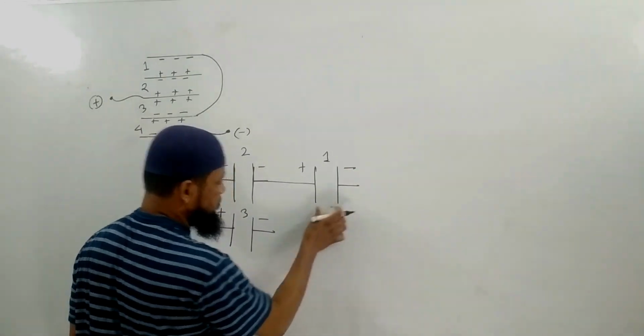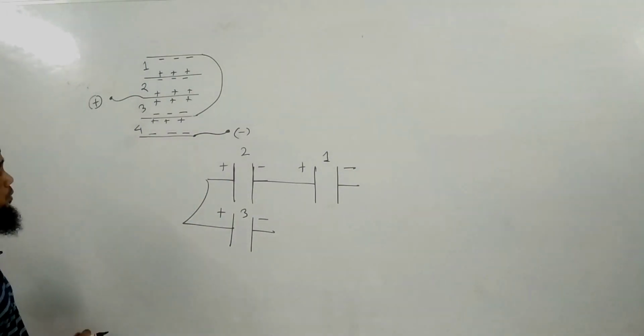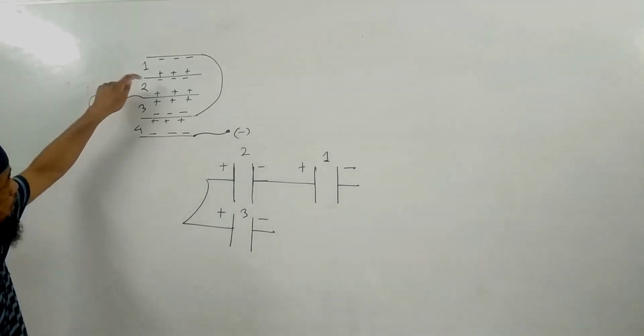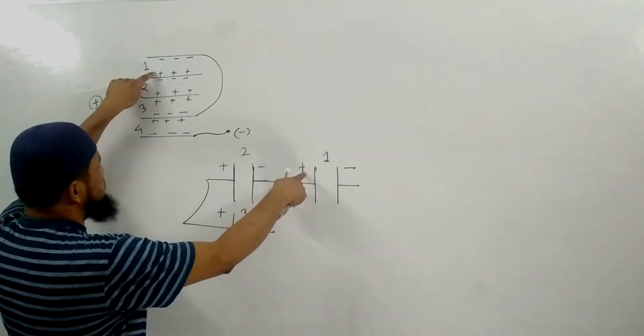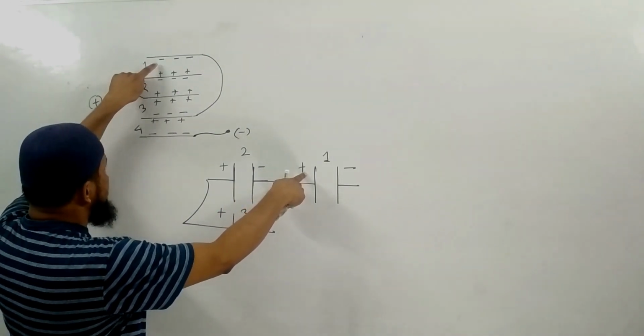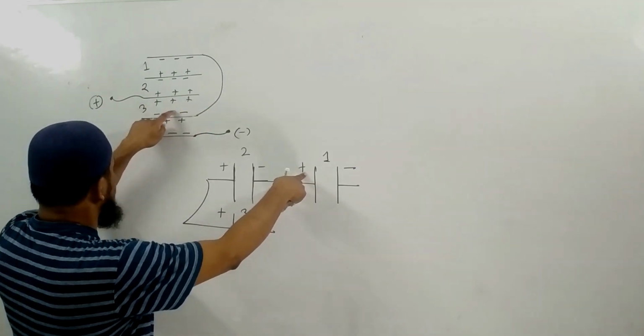Just keep on doing. You will figure it out. In one attempt you may not get it, but quickly you will make it out. Negative plate of 2 is connected to the positive plate of 1. And negative plate of 1 is connected to the negative plate of 3.